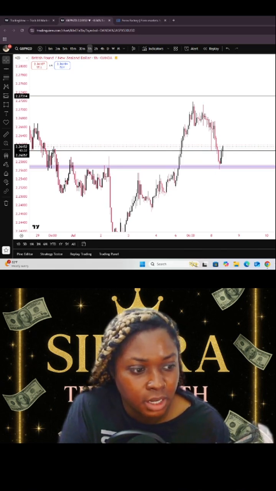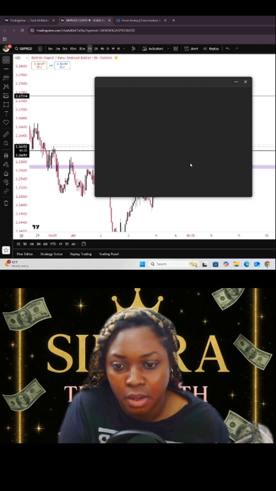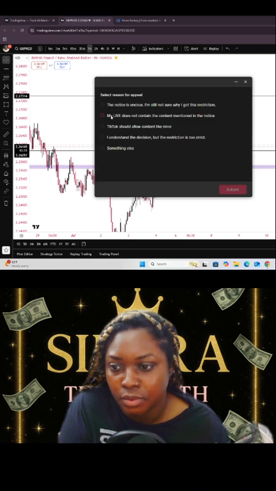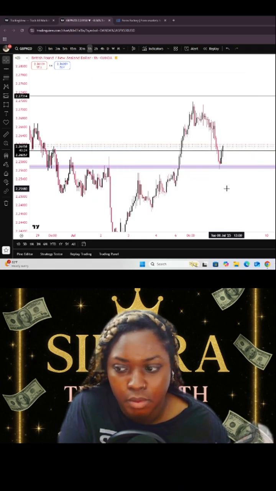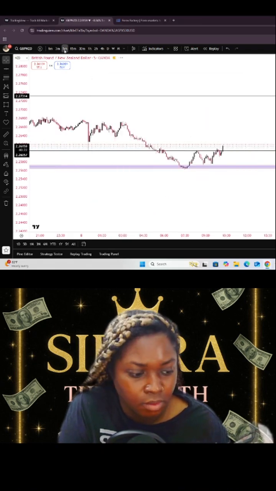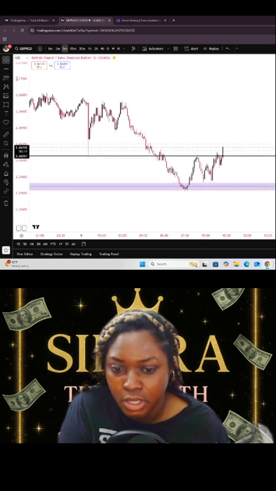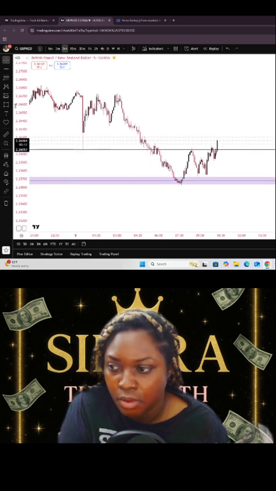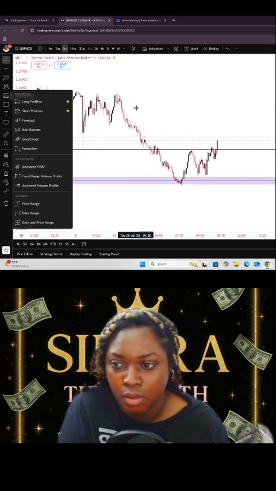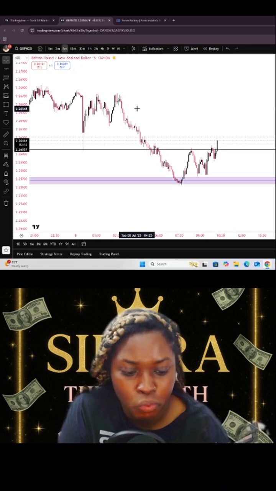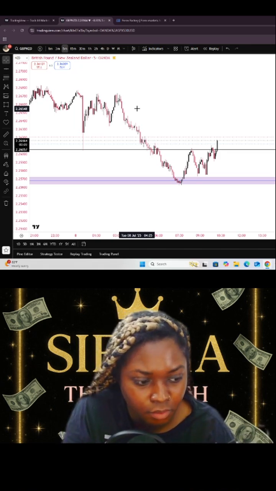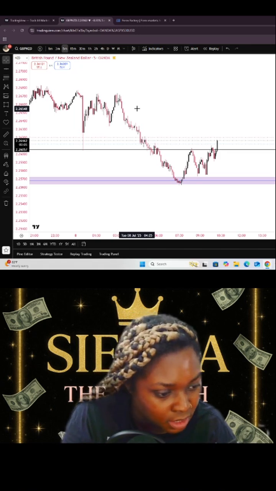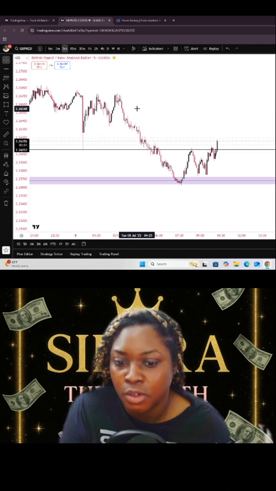GBP NZD. 20 seconds left. Ooh. The pair is GBP NZD. 4 seconds left.